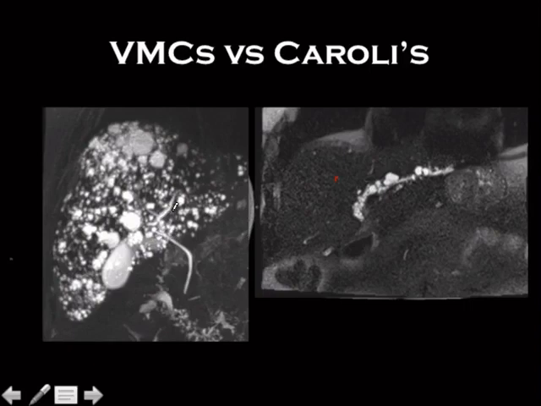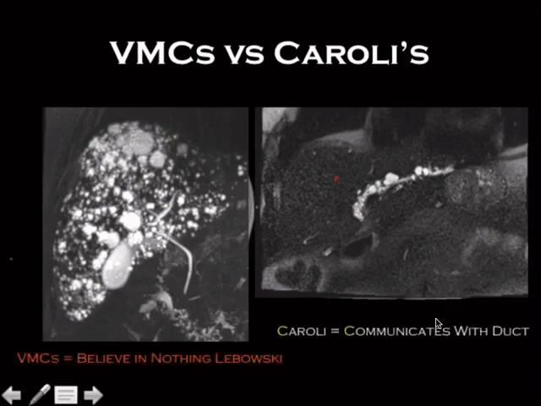Here, where it's not definitely communicating with the duct, and here it very obviously is. Very obviously coming off the duct, right? There you go. So the von Meyenburg complexes do not communicate with the duct. They believe in nothing, Lebowski. And Caroli's definitely does communicate with the duct. In fact, this is a type 5 choledochal cyst, right?